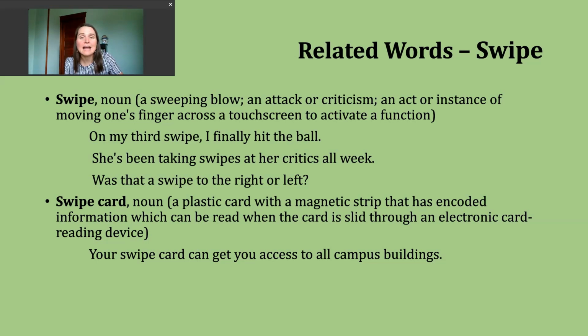Many students at large campuses have swipe cards. You might need to swipe, or now sometimes we just have touchpads, right, where you can touch the card to give you access. And that was my example here. Your swipe card can get you access to all campus buildings. So maybe to the dining hall, to the recreation center, to the library, etc., etc.